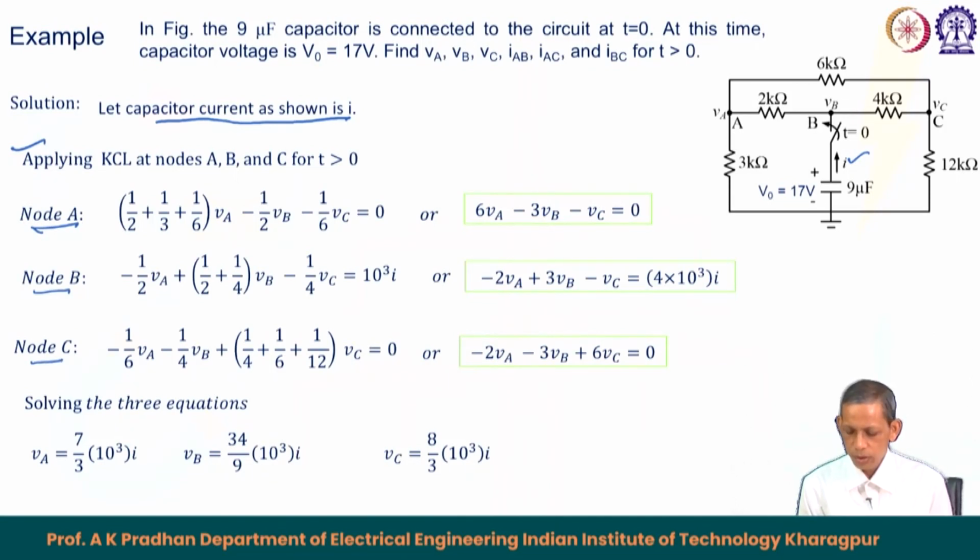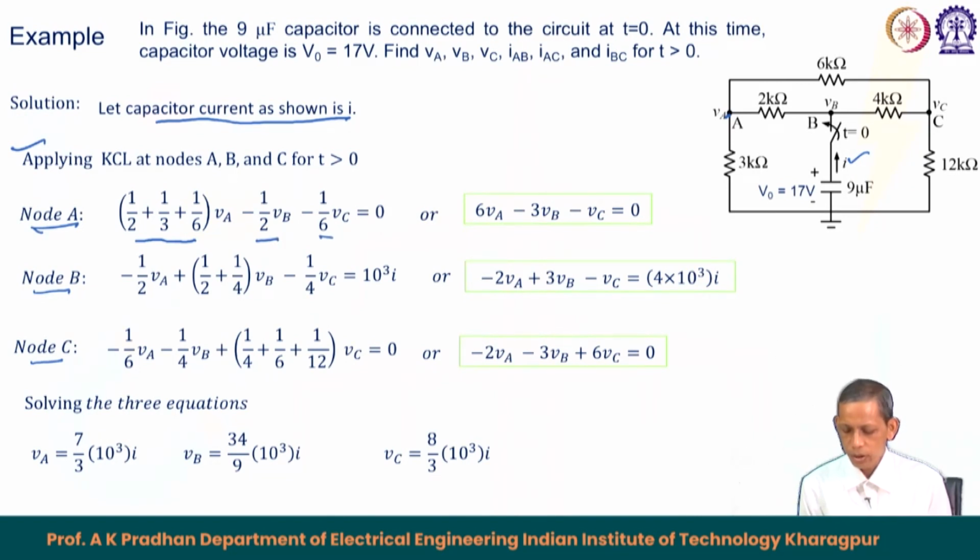For node A, it becomes V A into (1 by 2 plus 1 by 3 plus 1 by 6), all in kilo ohm, minus V B by 2, minus V C by 6, equals to 0. This is directly obtained in a similar way to how we wrote the matrix equation.